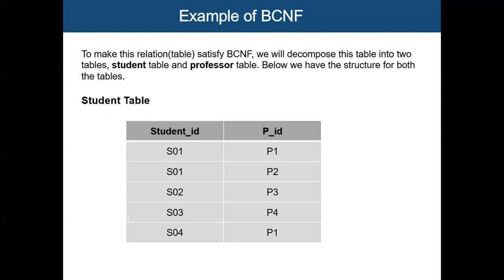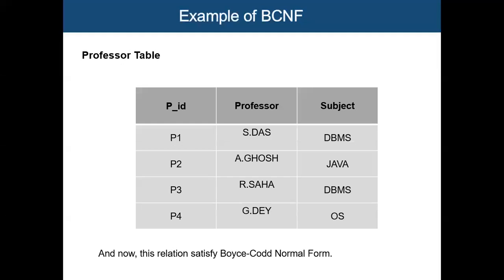It shows that student ID S01 has two PIDs, P1 and P2, because student ID S01 opted for two subjects, Java and DBMS. And there is a professor table which contains PID, professor and subject.